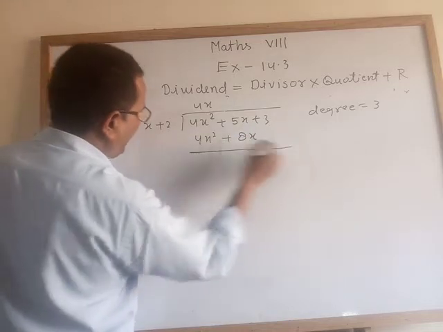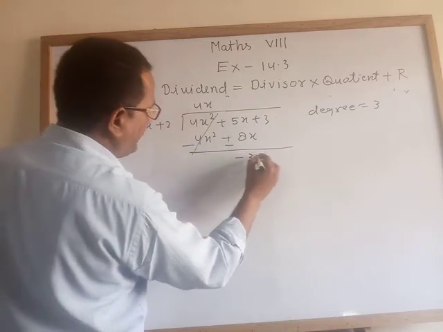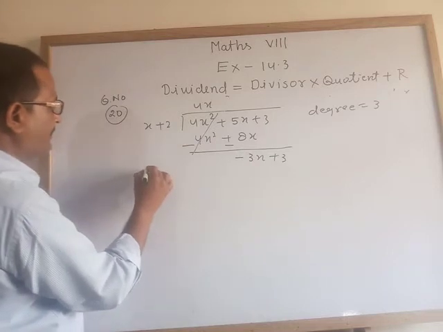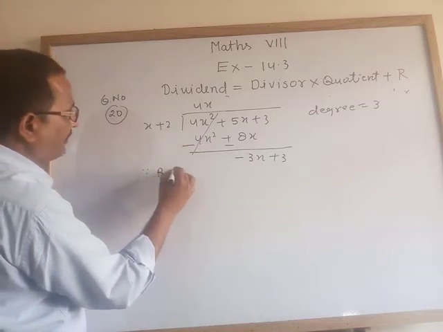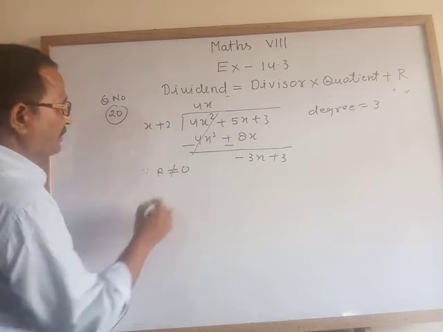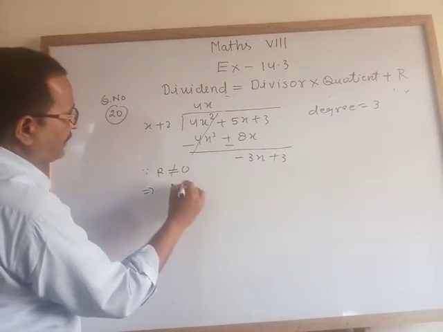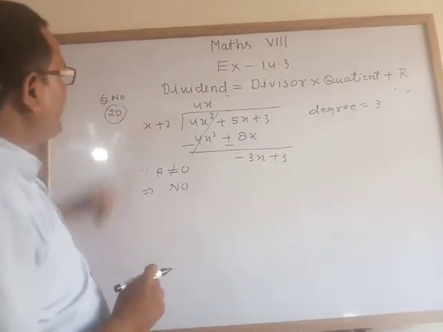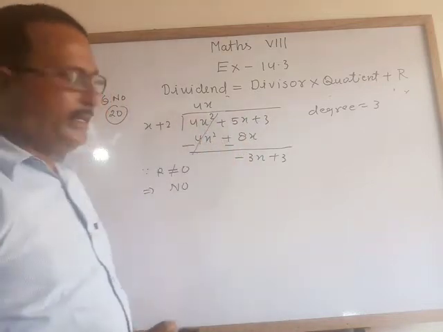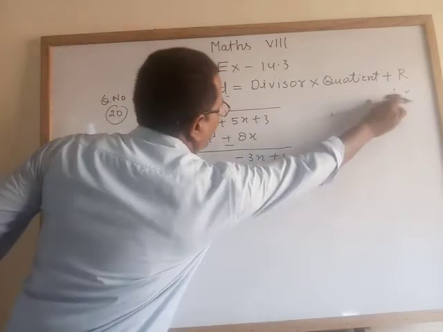Now you subtract, minus minus, cancel. Minus 3x plus 3. The remainder is not 0, since r is not equal to 0. This implies that this is not a factor. You write the answer no, meaning x plus 2 is not a factor of this polynomial. Question number 20, this one.